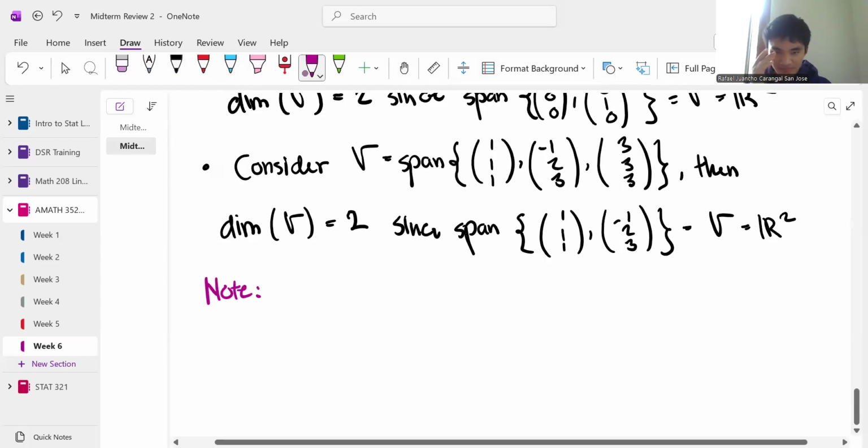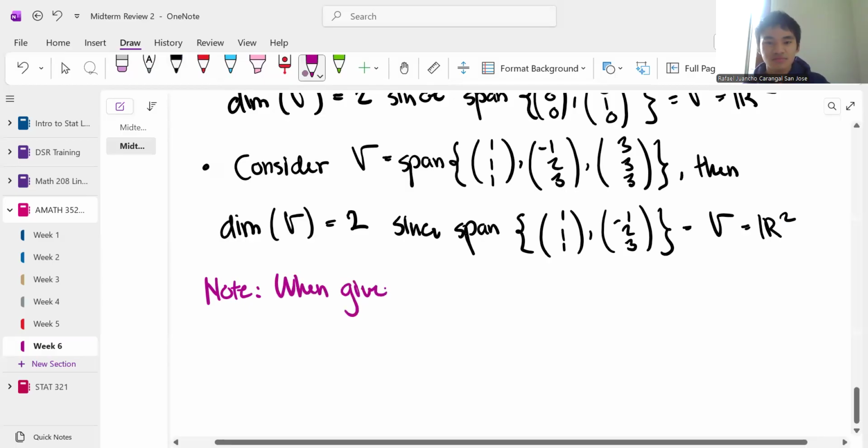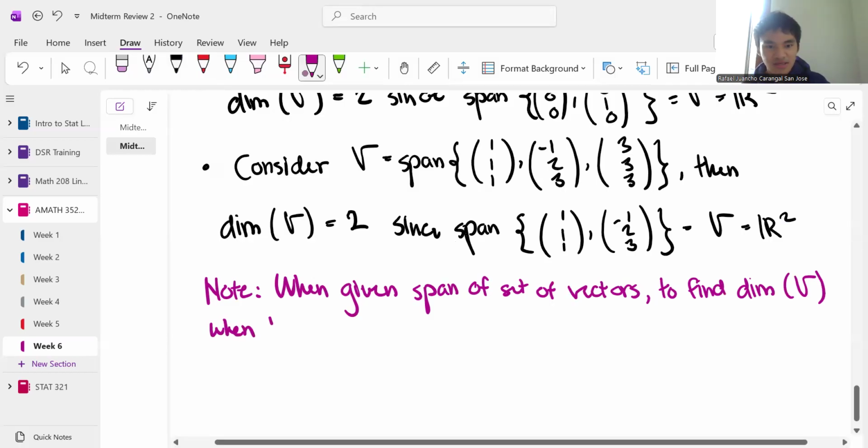So here's the idea. This was not in the lecture. I'm just going to point it out. When given a span of a set of vectors, to find the dimension of that subspace V that's equal to the span, we need two things.